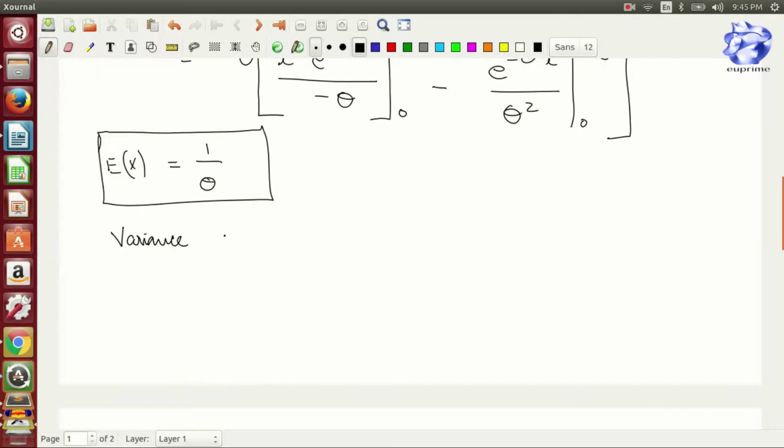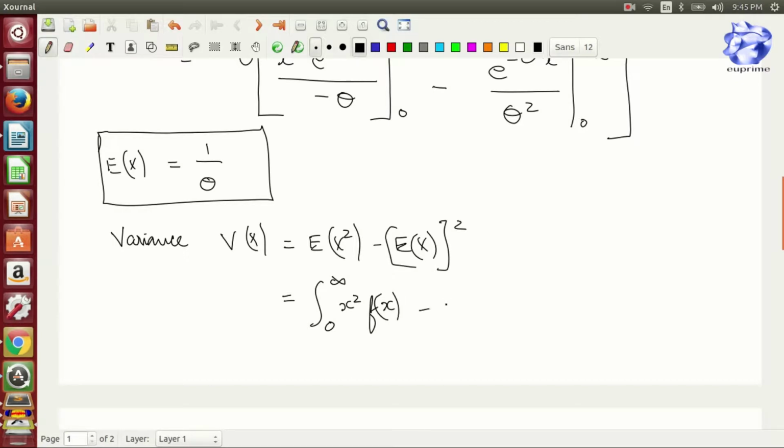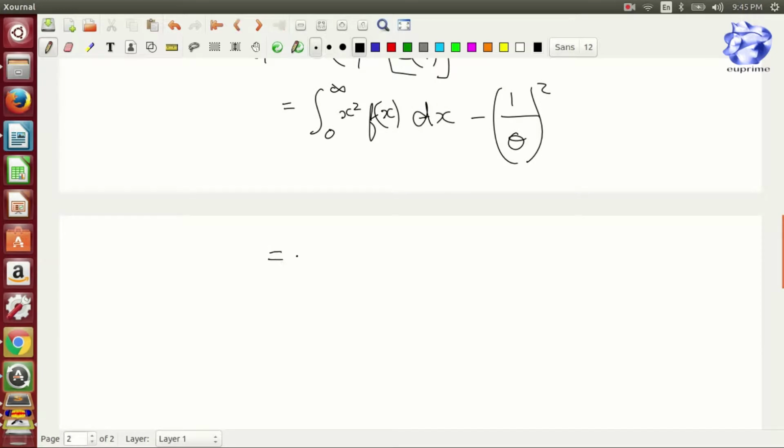Variance is calculated as the expectation of x square minus mean square, which is the integration of x square times e to the power minus theta x dx times theta, whose limits are from 0 to infinity, minus mean square.